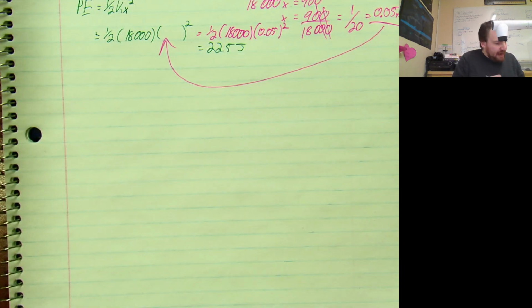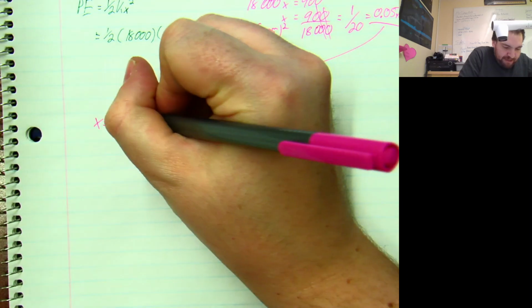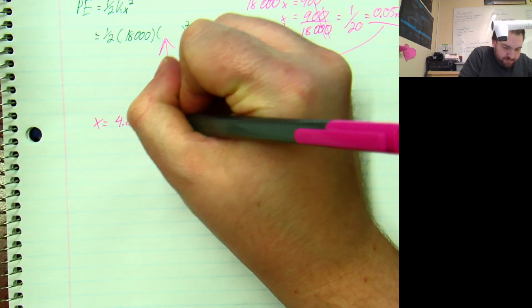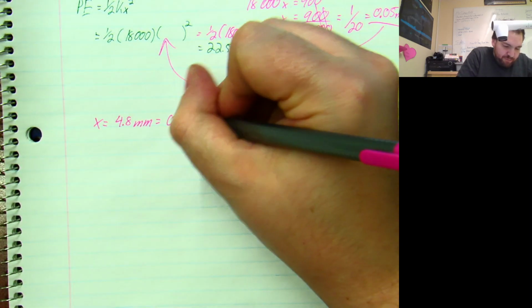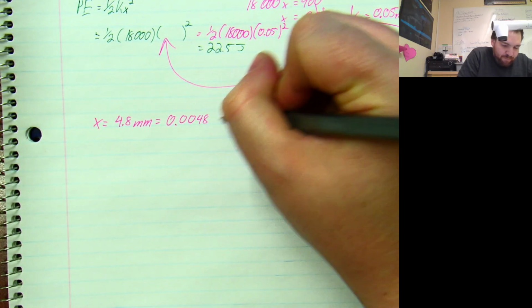So here we go. Keystrokes on a computer, small springs. Okay, so the compression, we are told, is 4.8 millimeters, which is going to be 0.0048 meters.